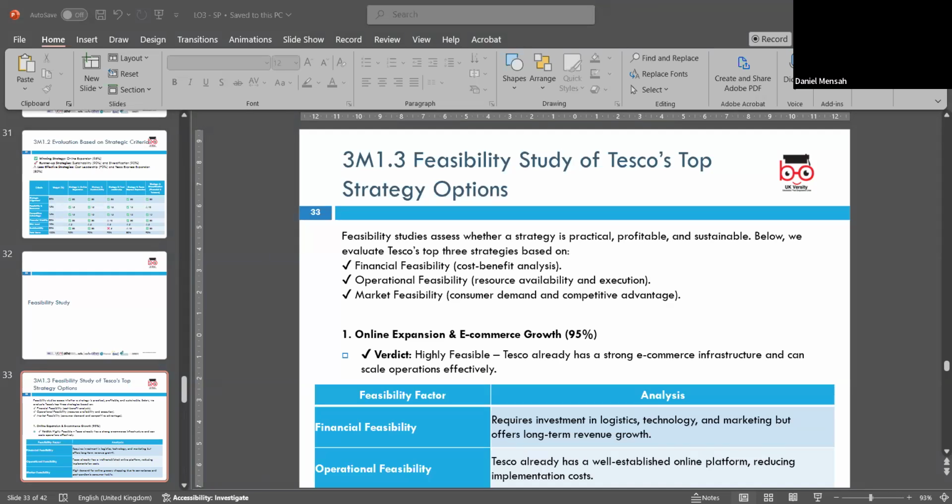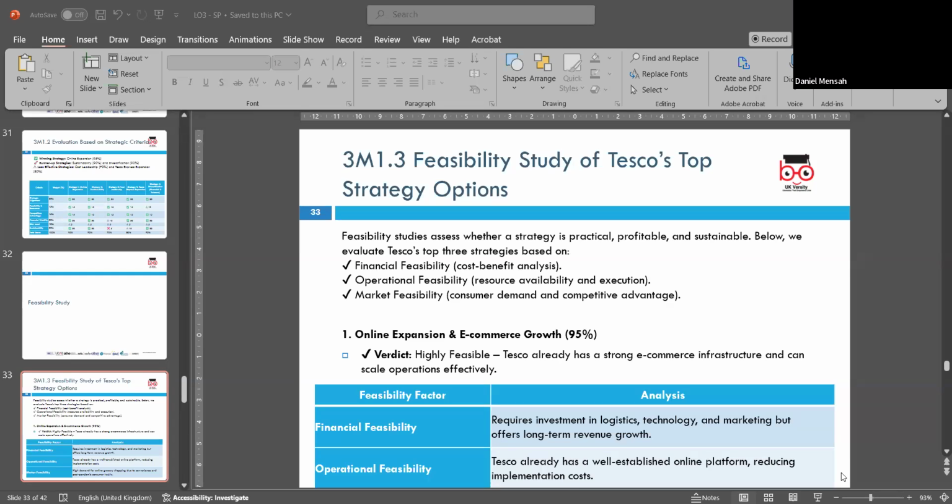So we need to consider these three perspectives: financial, operational, and market feasibility.